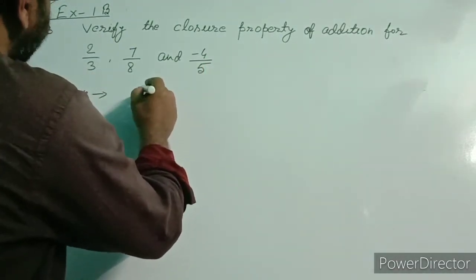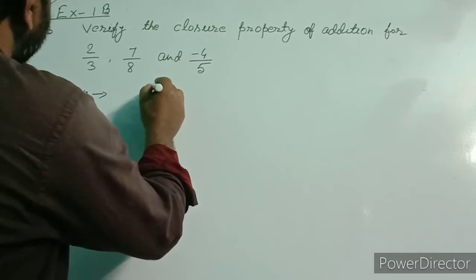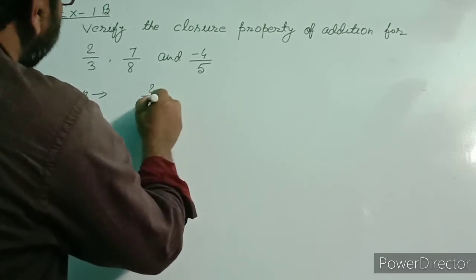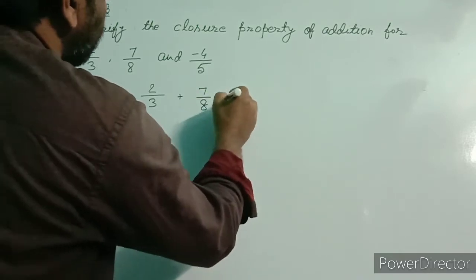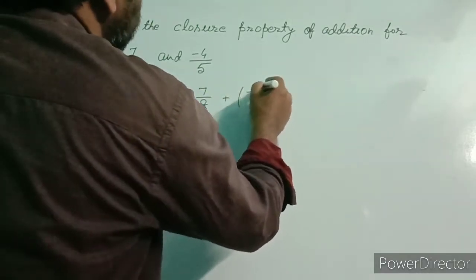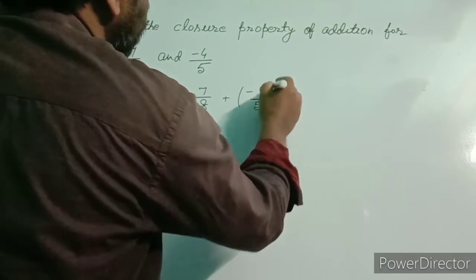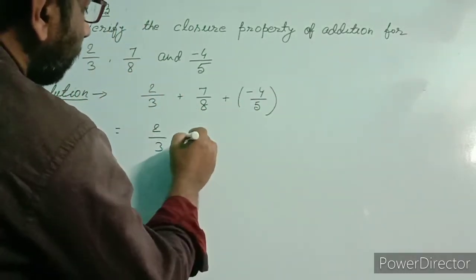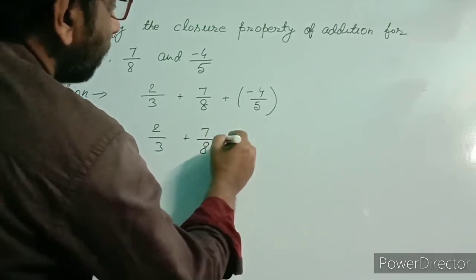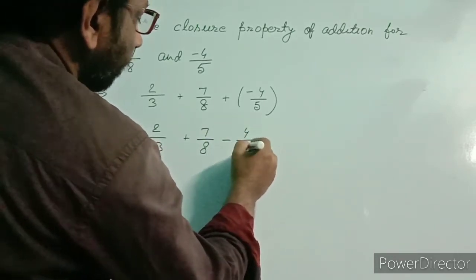We find the sum of these three: 2 by 3 plus 7 by 8 plus minus 4 by 5. We can write 2 by 3 plus 7 by 8 minus 4 by 5.